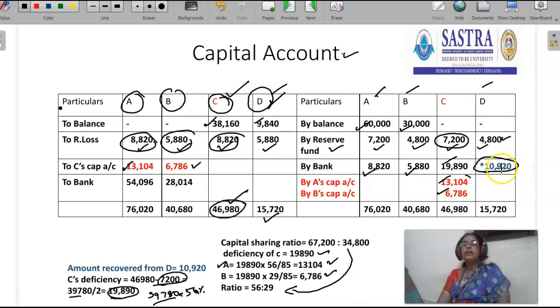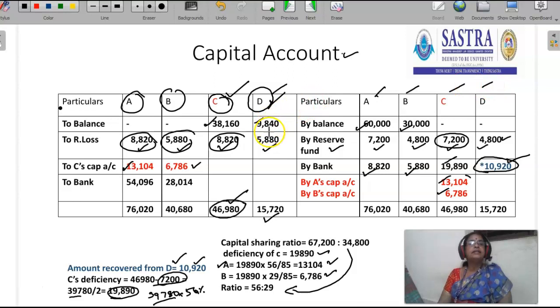He is not declared as insolvent, so he can pay 10,920. The amount recovered from D is 10,920 because he is not declared as insolvent. He has to bring 10,920 rupees. Then we close both C's account as well as D's account.